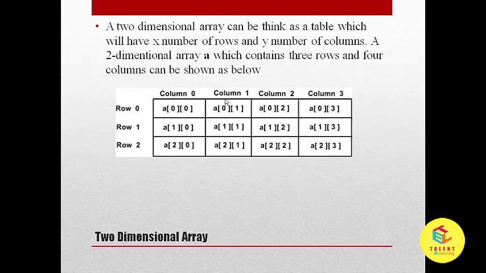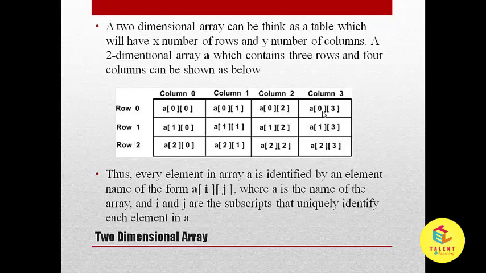columns. A two-dimensional array A which contains 3 rows and 4 columns is shown below. Now column 0 has value 0 in second square bracket, and row 0 contains 0 value in first square bracket. Means first square bracket can be used to indicate the row and second square bracket can be used to indicate column.